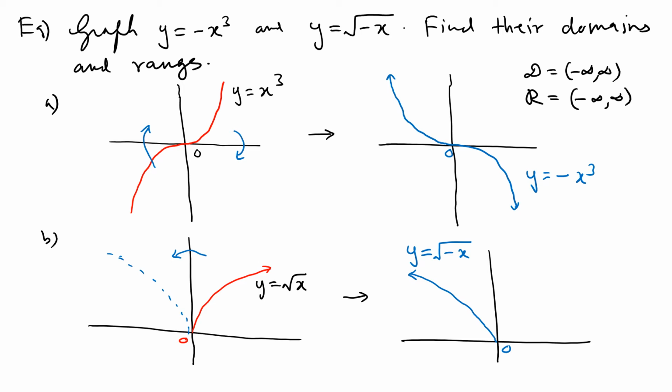So what happened here is, inside, y doesn't change, that means the range doesn't change, but it's going to change the domain. So what happened to the domain? Earlier it was from 0 to infinity, but it's simply going to reflect, so it's going to be negative infinity to 0 now because you reflected it.